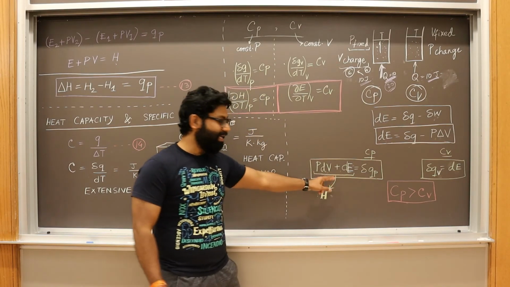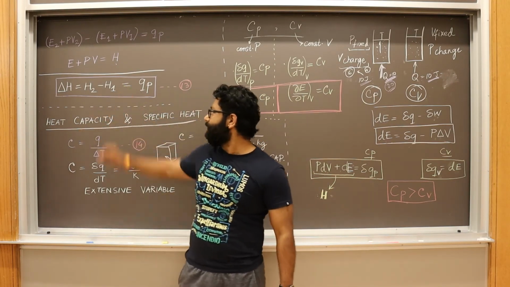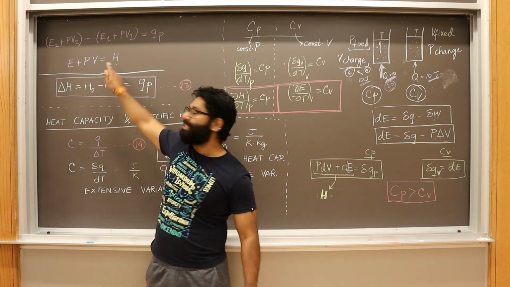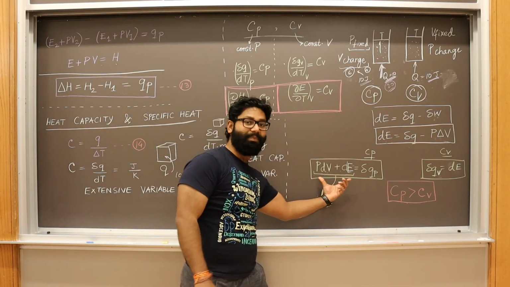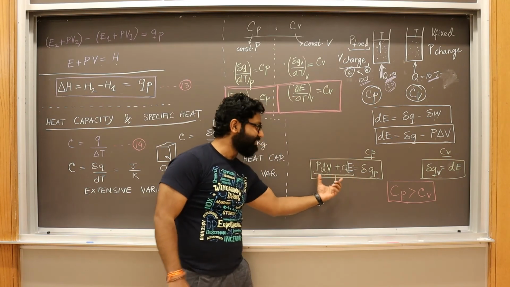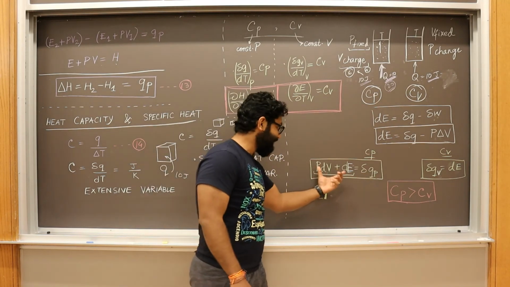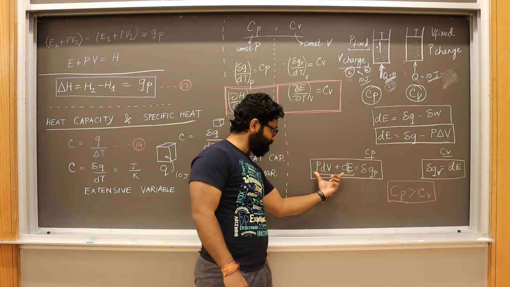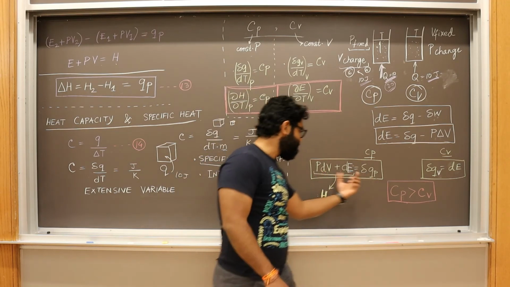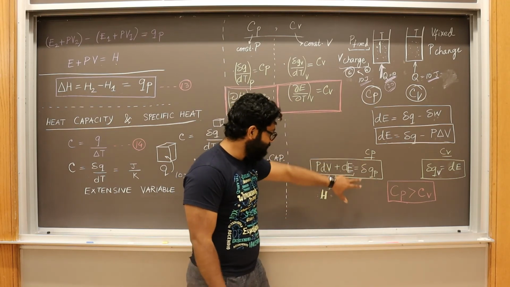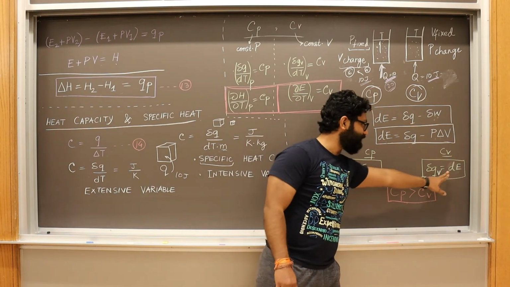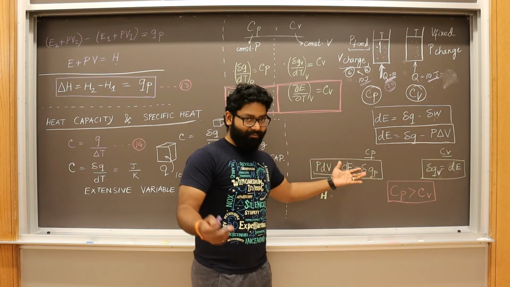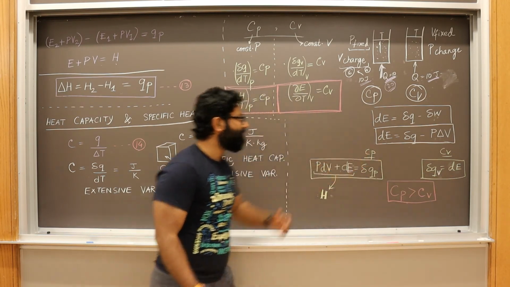Now this is exactly the enthalpy term, E plus PV. So del Qp is basically the enthalpy, the dH concept in here. So del Qp becomes dH. So for Cp, this is the case. For Cv, del Qv is dE. Very simple. So it's just a simplification of the formula.